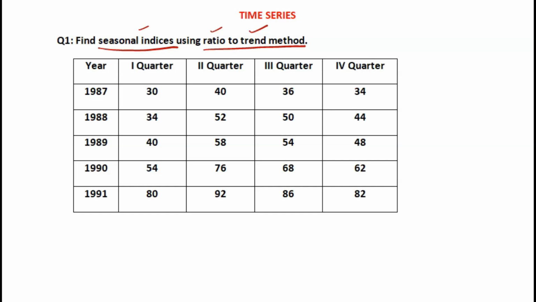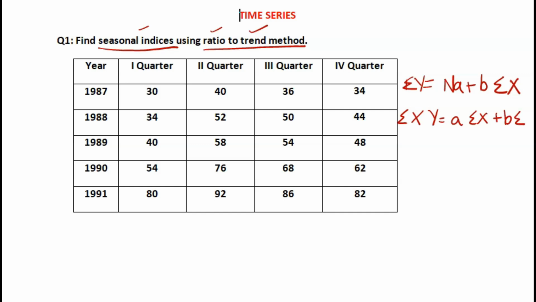If you know the regression equations, we have to use them here for finding the trend values. Regression equations: sigma y equals N a plus b sigma x, and the other one, sigma xy equals a sigma x plus b sigma x square.